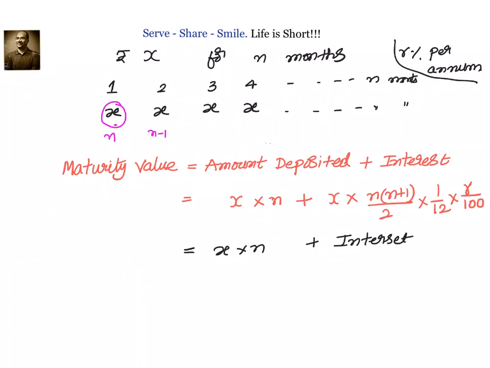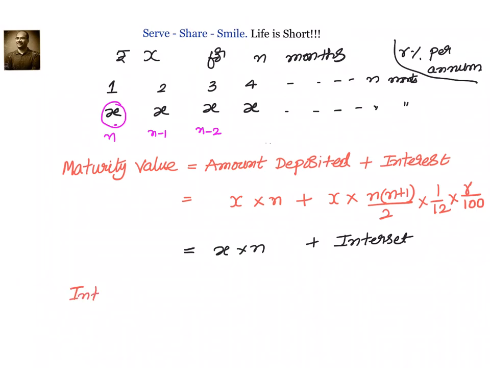Let's go to the third month deposit, that is X rupees again. For that the interest will be calculated only for n minus 2 months. So you can see that the last one will be calculated only for 1 month. Now let us try to understand how this interest value looks.